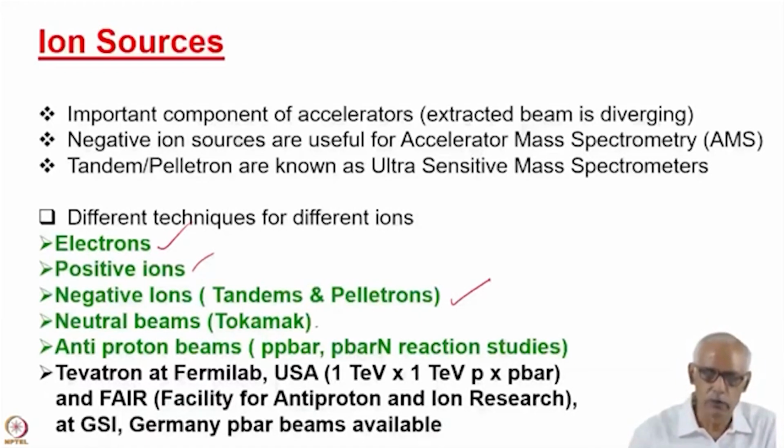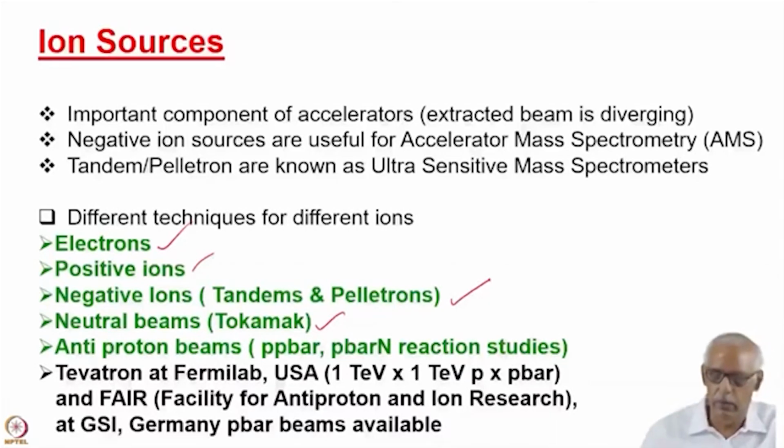And these neutral beams are very useful, and they are required for systems like tokamak. Recently, in the recent past, another kind of beams are required, and they are called P bar, anti-protons or anti-particles.